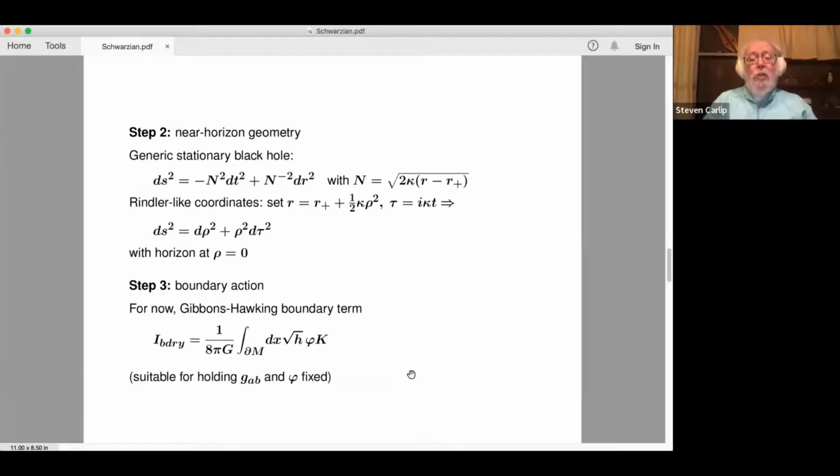Okay, so the next step is to look at the near horizon geometry.